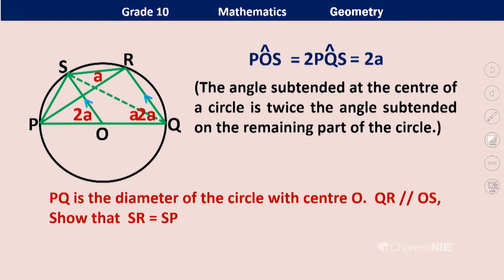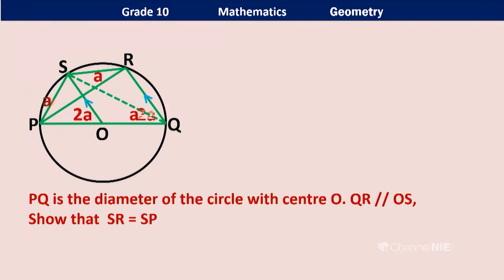Right. Now, we will get the complete figure. Now, we can say that angle OQS and angle SQR are the same in magnitude. Therefore, we have to mention both as simple A. So, we will write it.